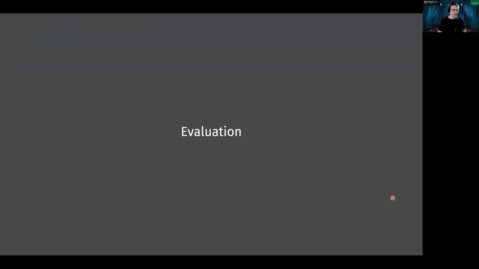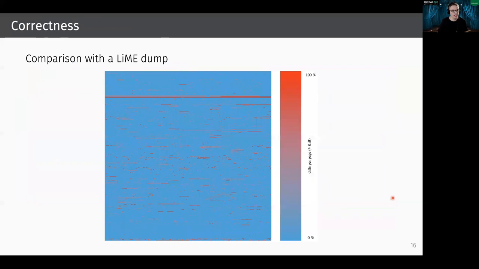Okay, then let's take a look at the evaluation. First, correctness. To show correctness, we need to show that DCILeech is reading the actual content of the memory. Basically, for existing memory acquisition tools, we can assume that they work properly. So now we compare our memory snapshot that was dumped with DCILeech with a snapshot that was created with the well-known kernel level acquisition tool LiME.